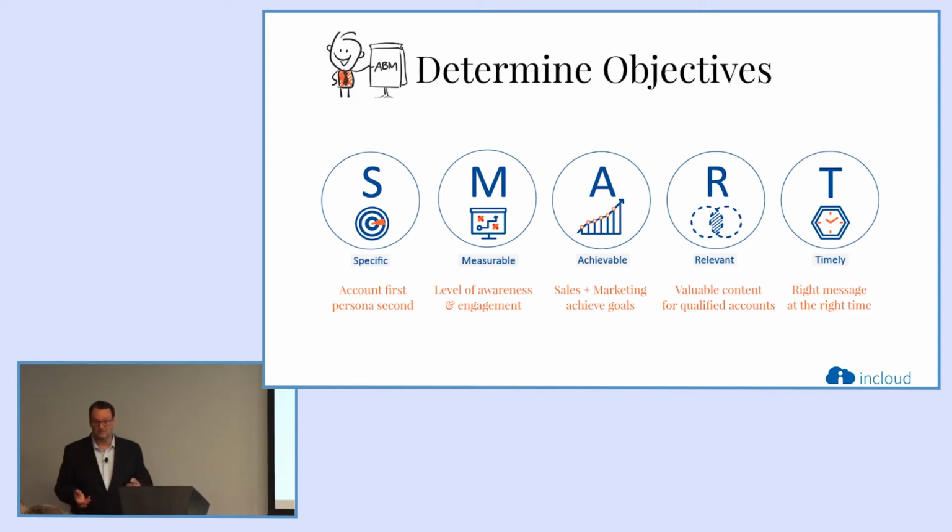Are they realistic, and are they time-based, right? The relevancy is about the valuable content for each of those qualified leads. Is it valuable, or are we just putting out generic content that's not personalized to those end users, right? The timely aspect of this is getting the right message out to the right person at the right time, right?